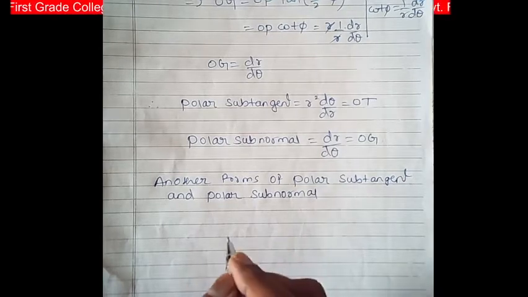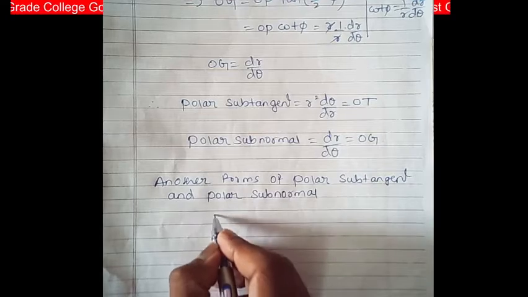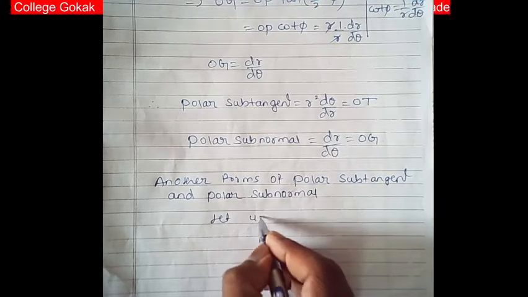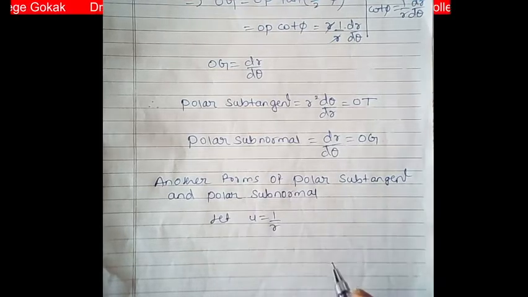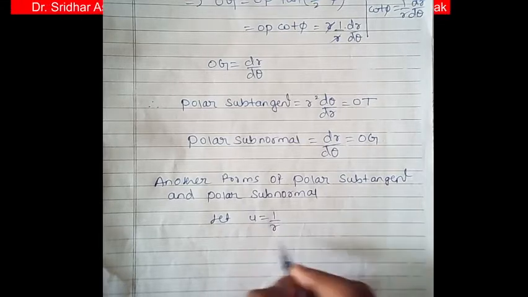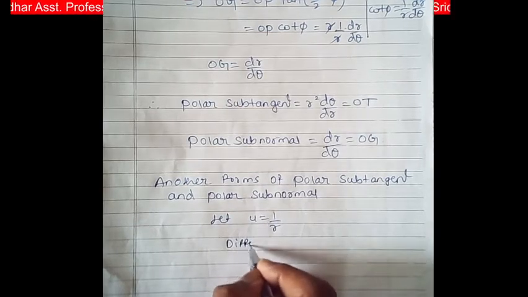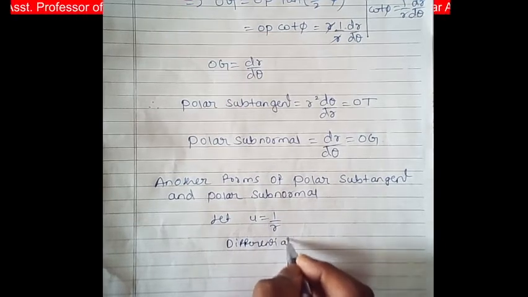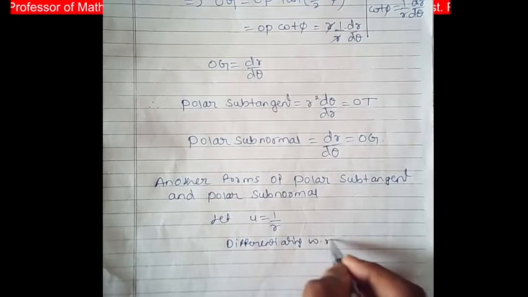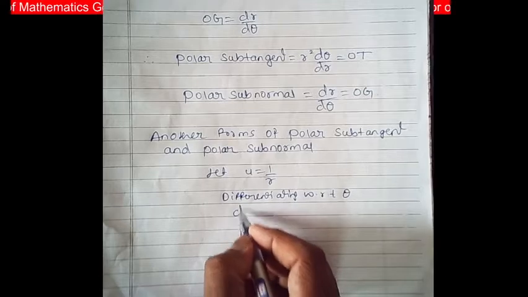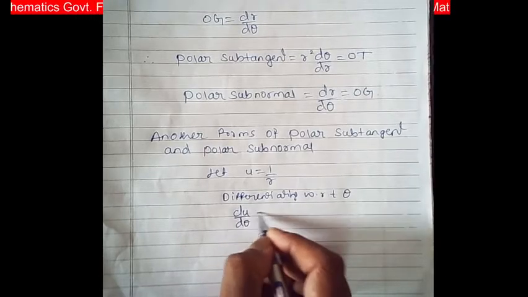In this case we assume that u is equal to 1 by r. Now we differentiate this with respect to theta. So what we obtain is du by d theta.